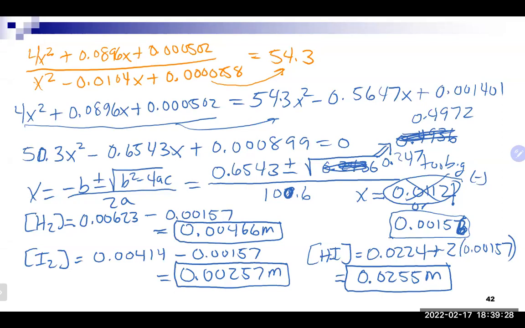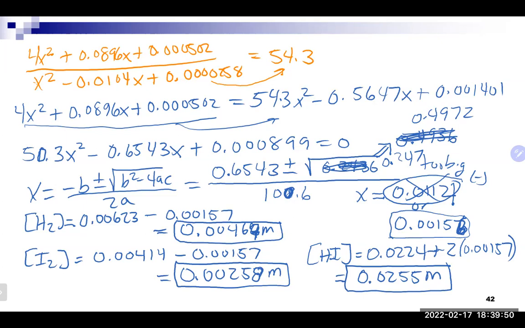0.00623 minus 0.00156 gives me 0.00467 on this guy. And 0.00414 minus 0.00156 gives 0.00258, which is probably why my K was very close.